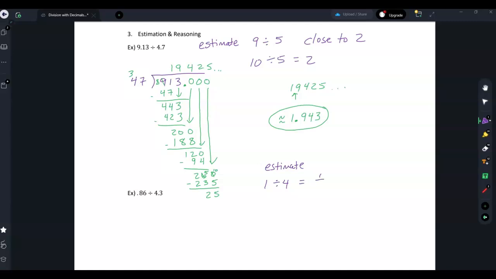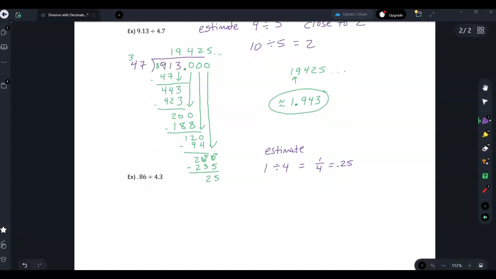So 1 divided by 4 is actually 1/4. And if you happen to know the decimal, a lot of people memorize that 1/4 is actually 0.25 or 25 hundredths. So that one's easy enough that you could get a decimal there and it would be okay. So I want some answer that's going to be reasonably close to 25 hundredths or 1/4.